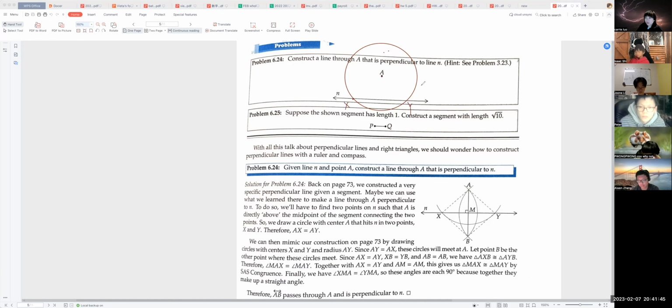I don't care how long the radius is. AX and AY are always equal to the radius I used to create the circle.